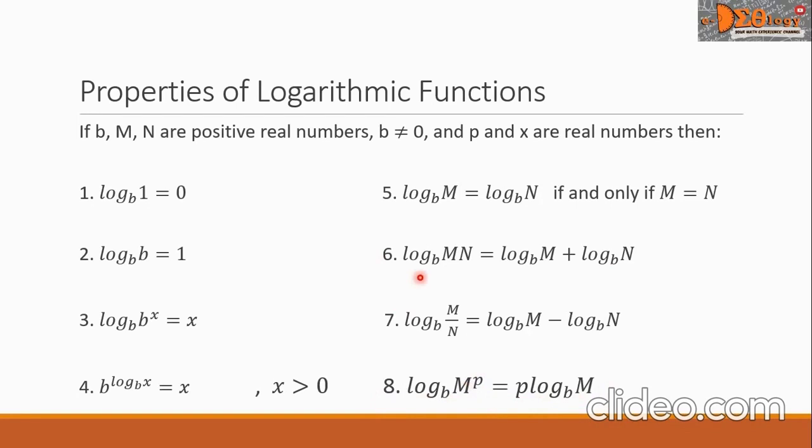Because the logarithm lightens up the respective operations. Look at the product. This is equal to the sum of each factor. For number 7, the division becomes subtraction. And for number 8, the exponent or the power becomes product in here.